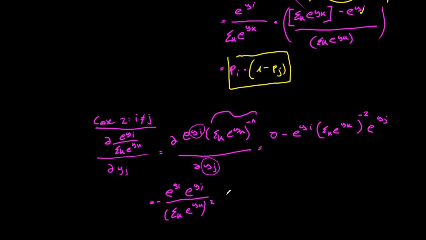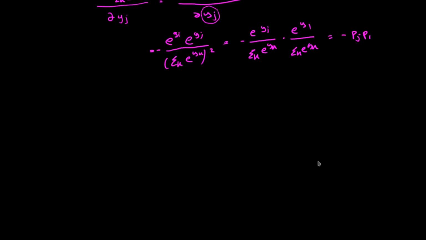Now we can split this into minus e^(y_j) divided by summation over k of e^(y_k) multiplied by e^(y_i) divided by summation over k of e^(y_k), and this becomes minus prediction of j, prediction of i.